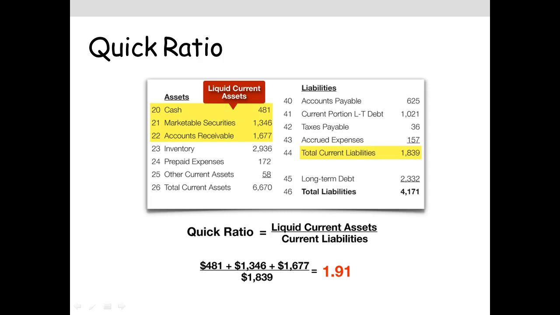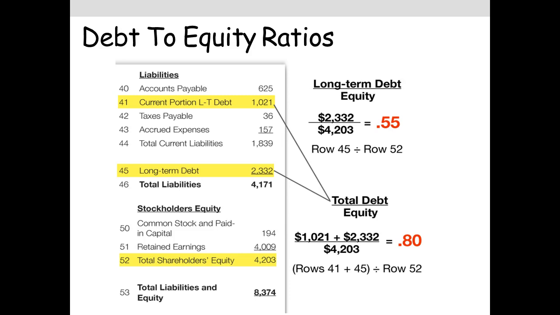Okay, and the next one is the debt to equity ratio. Debt to equity ratio equals total debt divided by equity. That is the formula.